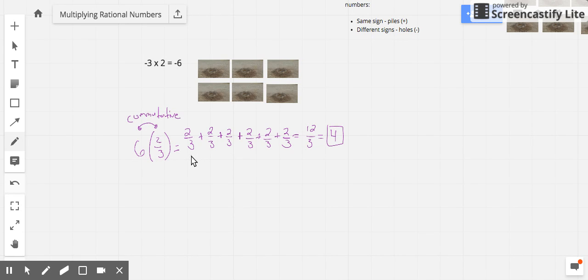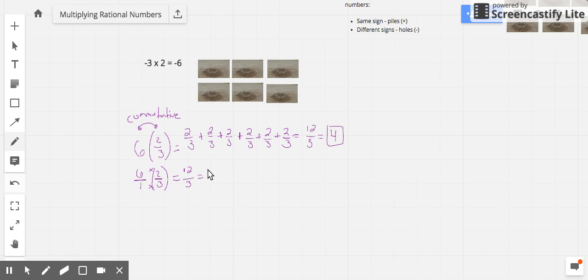So, what if I don't want to do repeat addition because this is long? Let me show you a trick. We turn this into a fraction. Remember, you can write any whole number as a fraction by making the denominator 1. So 6/1 is the same as 6. I keep the fraction 2/3, and now I multiply straight across. 6 times 2 is 12. 1 times 3 is 3.